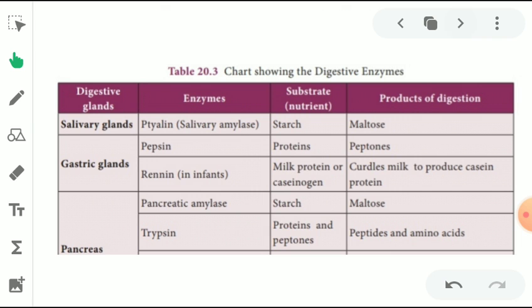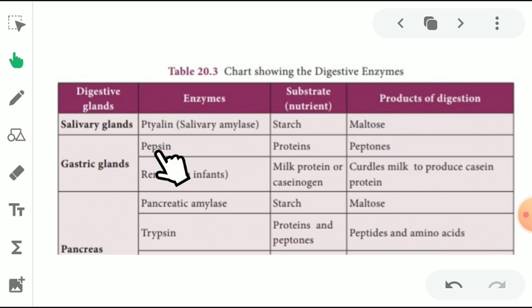Now let's see what enzymes are secreted by the digestive glands, what nutrients are present there, and the products of digestion. After digestion, what are the changes? Salivary gland, ptyalin: starch is digested into maltose.